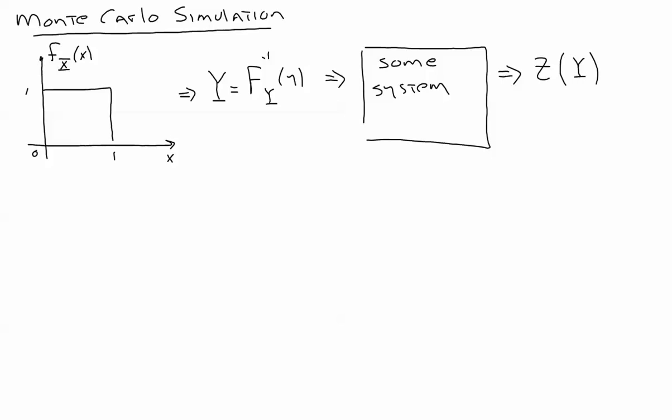So what we're going to have is a circuit, a system of some sort, which has an output value z. So z here will be some output, and y will be an input or a parameter that z depends upon.